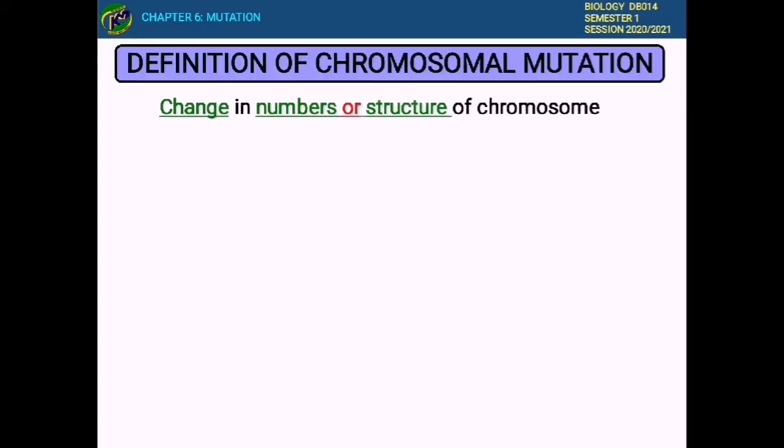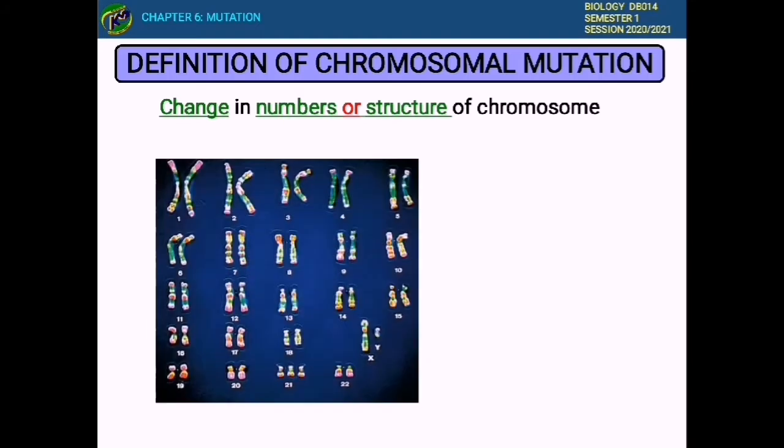So next is the definition of chromosomal mutation. Chromosomal mutation means change in number or structure of chromosome. Here we have a human karyotype. As we know, humans have 46 chromosomes, which are 23 pairs, and each pair consists of two chromosomes.